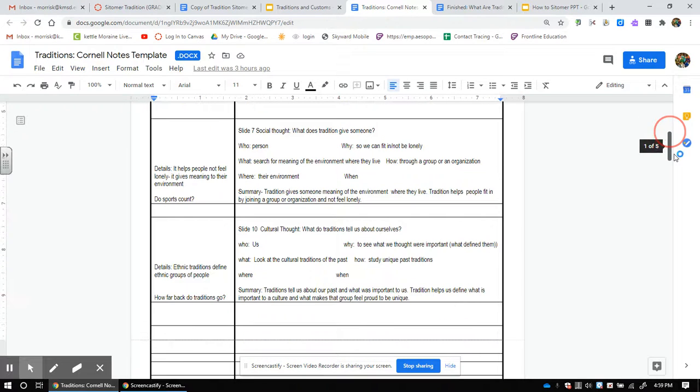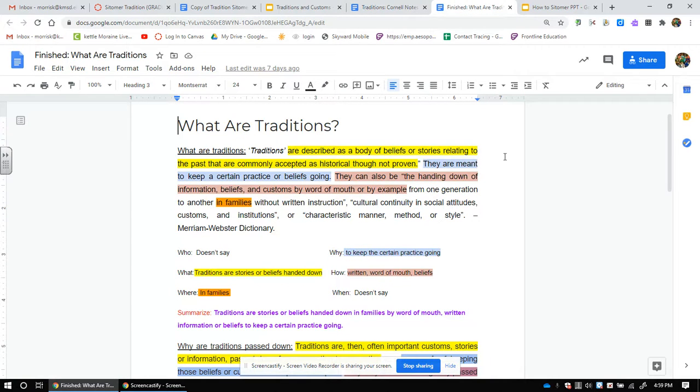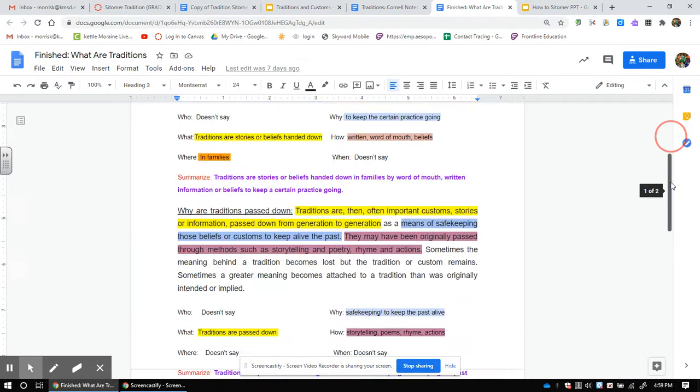The next one we have slide 7, we took notes on social thought. What does tradition give someone? We took our who, what, where, when, why, and how. We wrote our summary, and we also did it for slide 10. What do traditions tell us about ourselves? Okay, so we have those notes, and we have our finished tradition notes from the annotated article that we did.